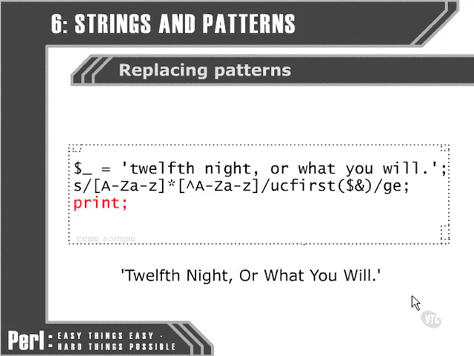Of course, once the string has been through the regular expression, each word will be returned capitalized. Using patterns for replacement can make a very powerful way of manipulating text using Perl.